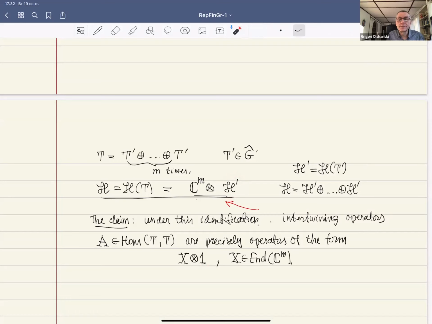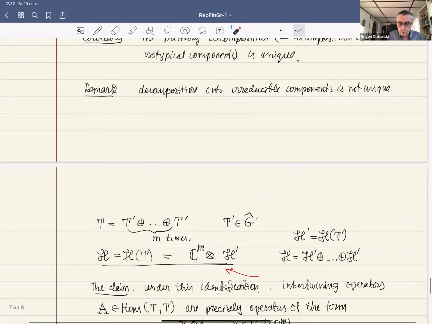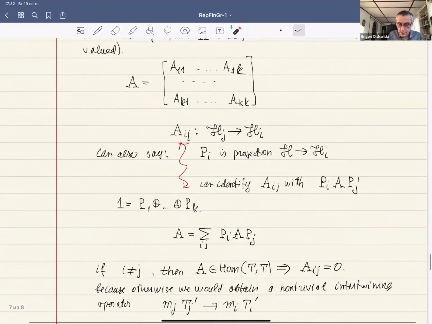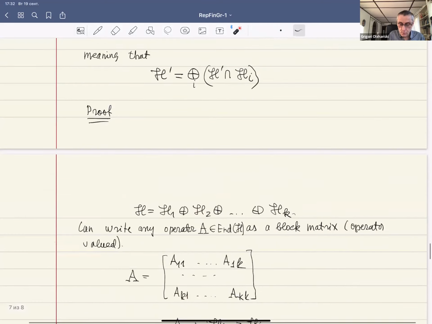This is a little exercise to prove this. This is essentially a particular case of this claim.